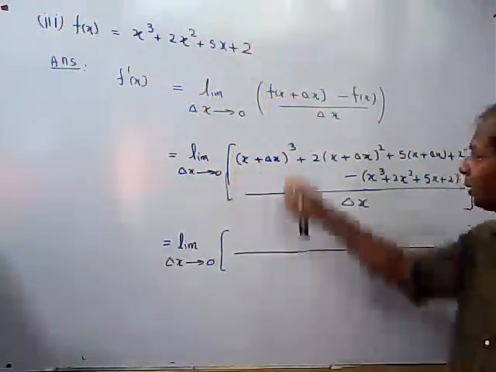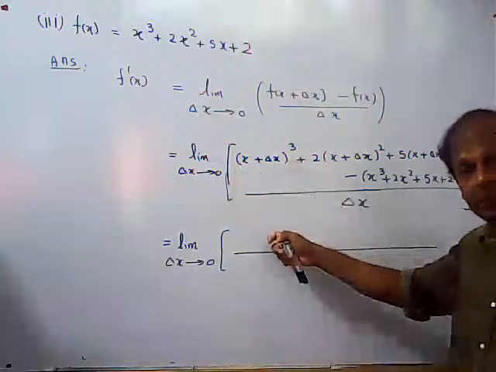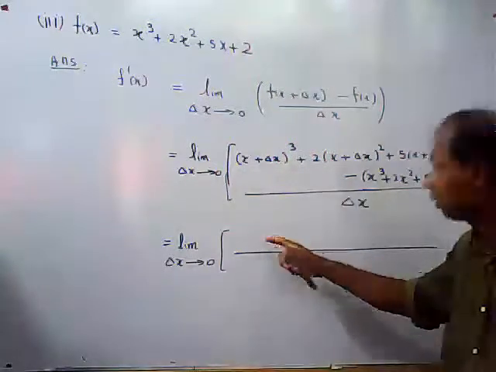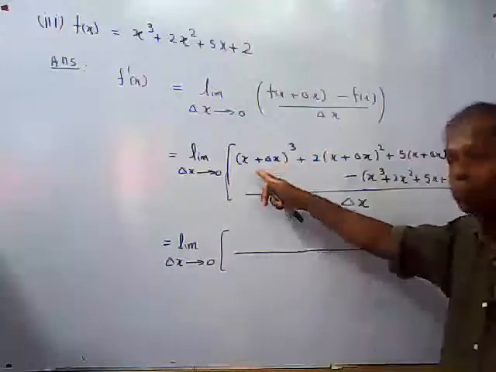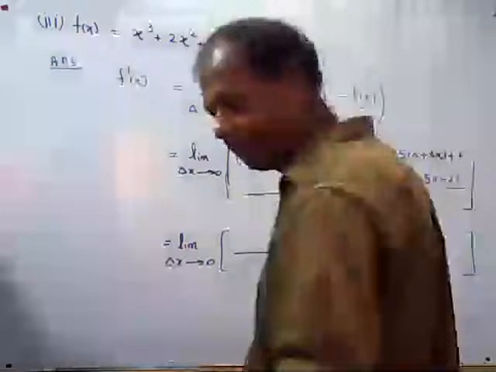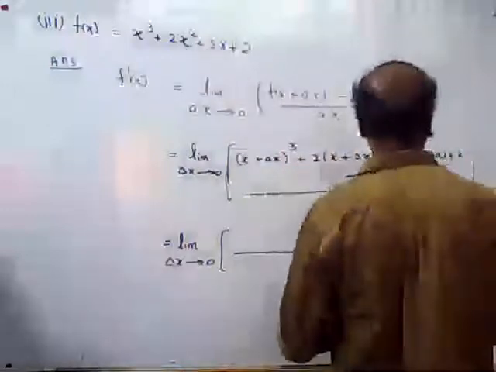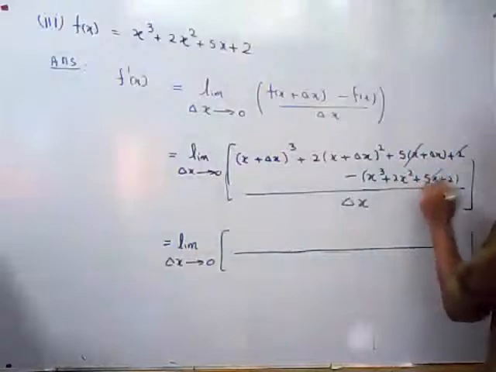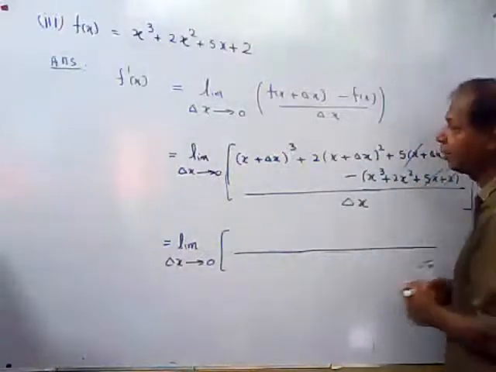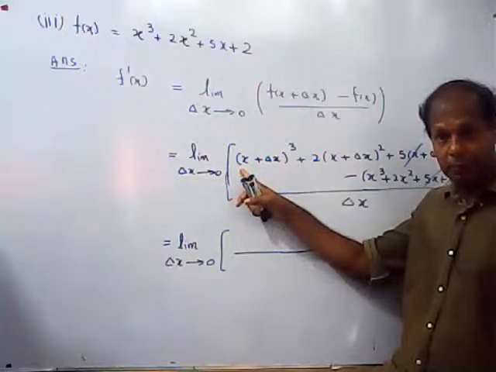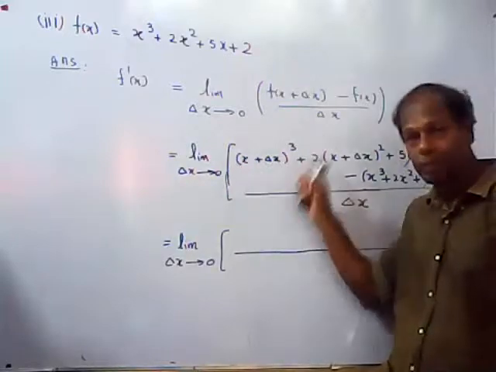Right, I'm going to write the remaining terms directly. If you have done it, you can just check, right? When you expand this, here you can see some terms getting cancelled, especially this 5x and 2. You can already see they are getting cancelled, and so will the x cube term that you get when you expand this.